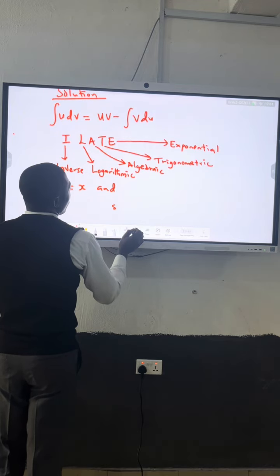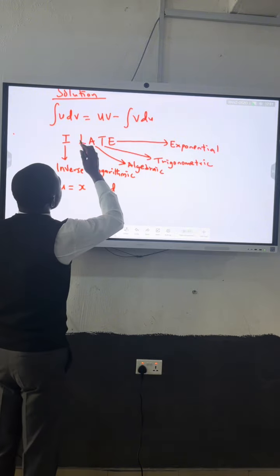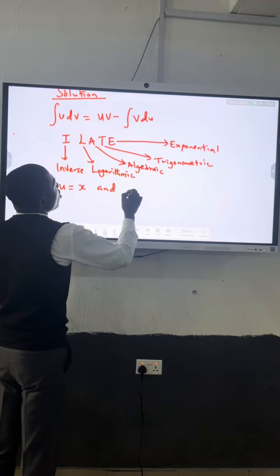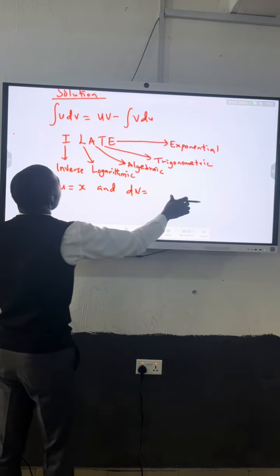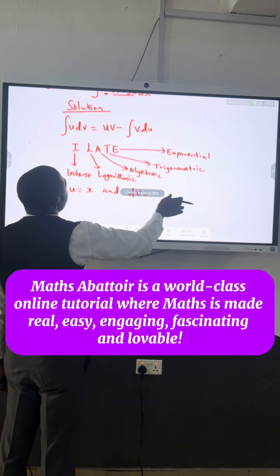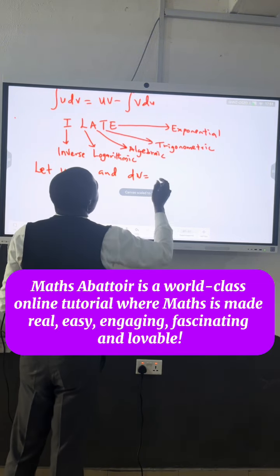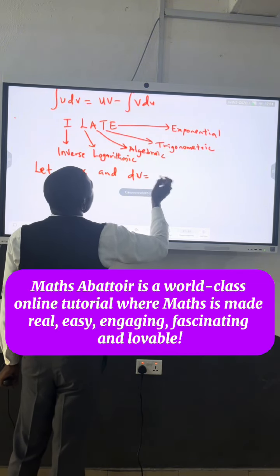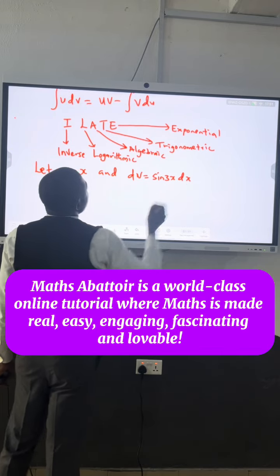When you have called the algebraic term u, you call what is remaining dv. So dv is what is remaining in the question, which is sine 3x dx.